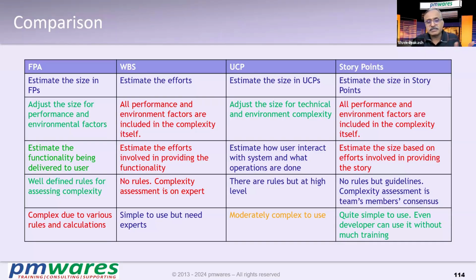While WBS is simple and story point is fairly simple. You can see this: all have completed the entire assignment, while most of the groups struggled with the other two. So story point is fairly simple, WBS is okay, and FPA is complex.